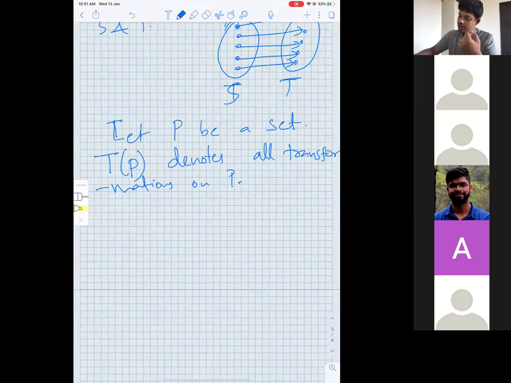A transformation is nothing but a function on P. So if P is this set, this is one transformation.